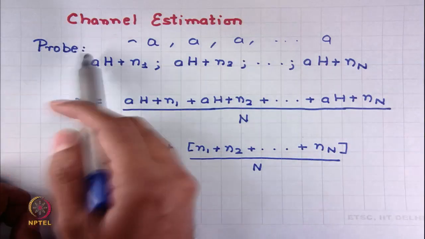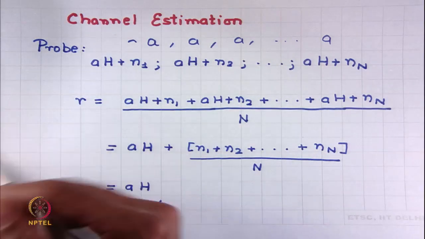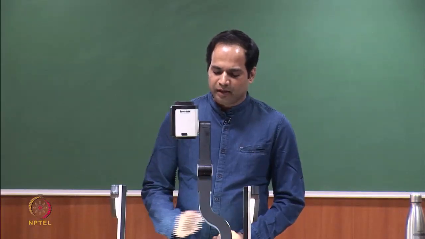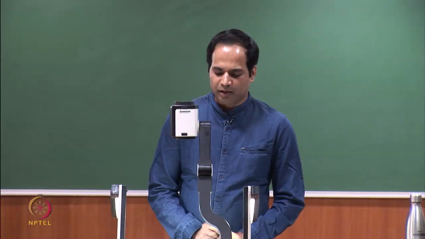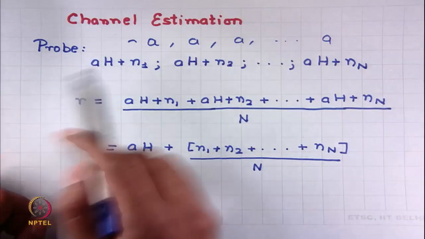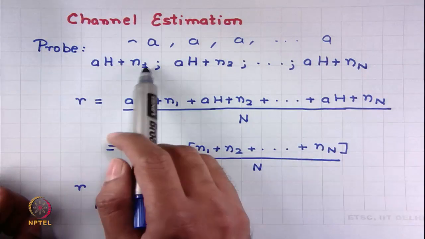So, you decide a time frame in which you transmit a known sequence to the receiver; the receiver knows what it should be expecting. Let us assume that the probe signal has the value A. What the receiver receives is Ah + n1.